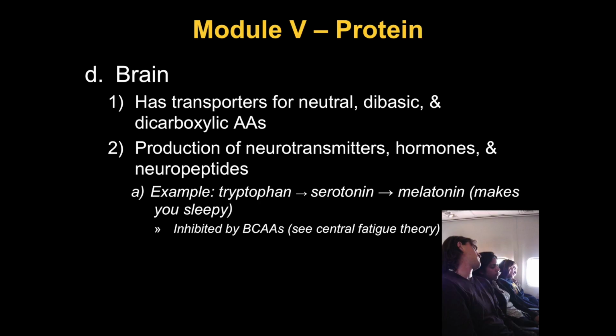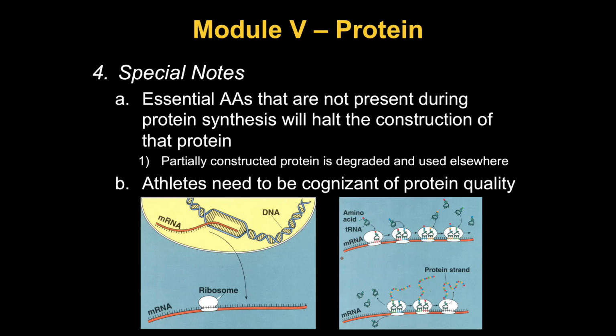So some special notes about protein. Essential amino acids, if you don't have those present, will shut down protein synthesis. So if you don't have the building blocks to build whatever it is that you're trying to build, you're basically not going to build that particular protein. And so this is where protein quality really comes into play, and we'll discuss this later on in the course.